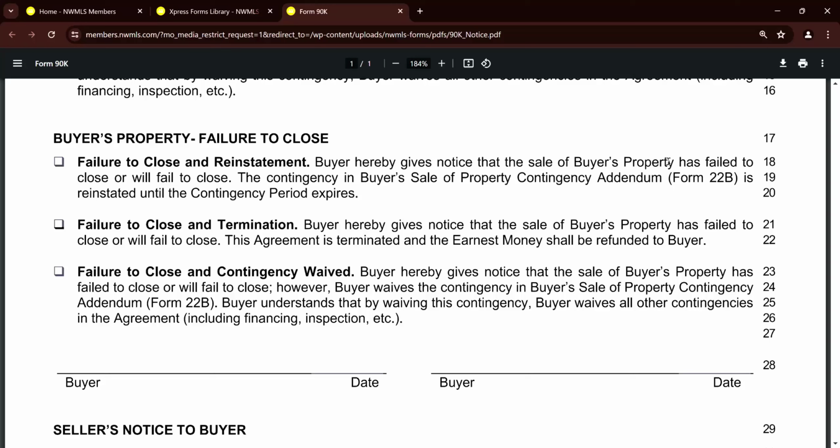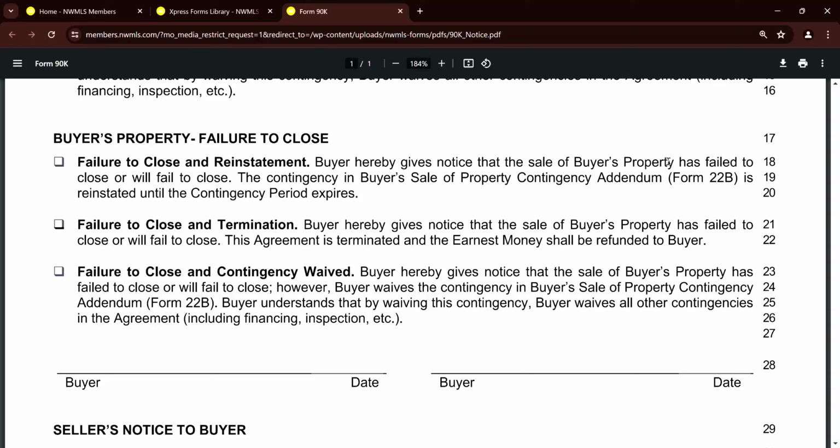Failure to close and contingency waived. Buyer hereby gives notice that the sale of buyer's property has failed to close or will fail to close. However, buyer waives the contingency in buyer's sale of property contingency addendum form 22B. Buyer understands that by waiving this contingency, buyer waives all other contingencies in the agreement, including financing, inspection, etc. Yeah, so this is the situation where the buyer's contingent home sale falls through, but they're still gonna move forward.